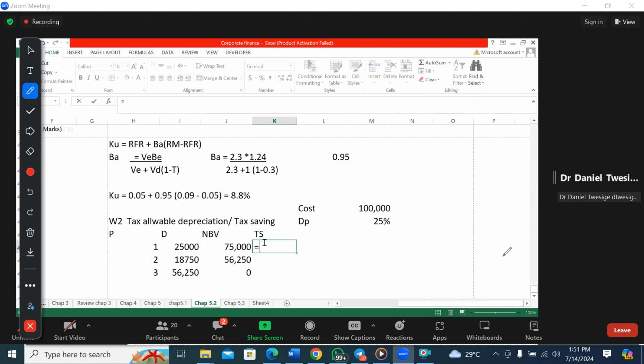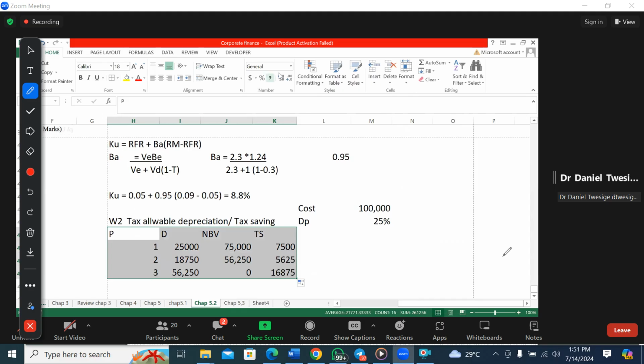So we are calculating this times 30%. So that is what we have as our savings.